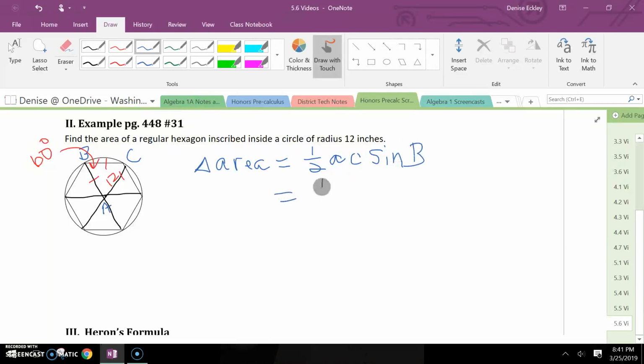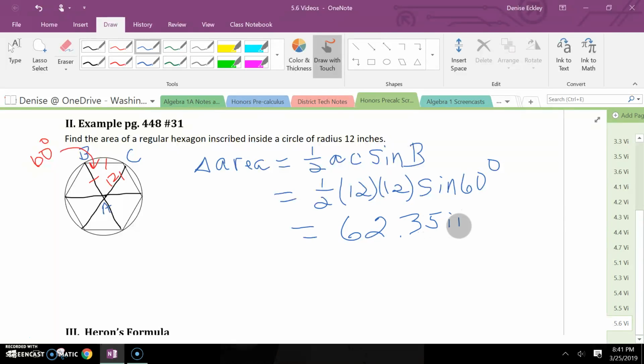So when I fill that in, it's going to be 1/2, 12 times 12 times the sine of 60 degrees. And so that comes out to be 62.35 square inches.